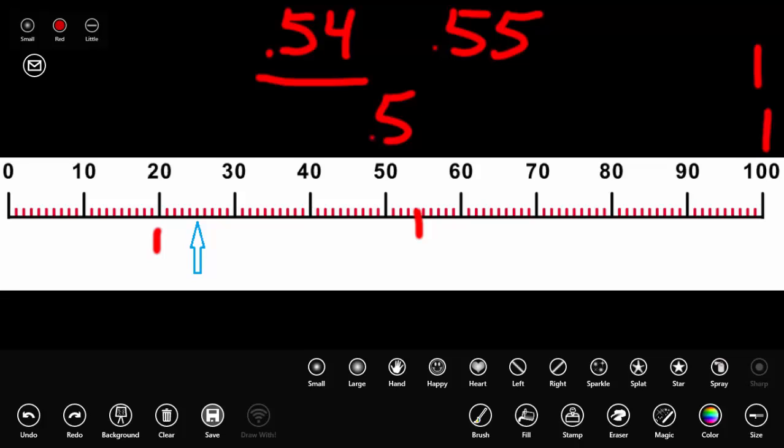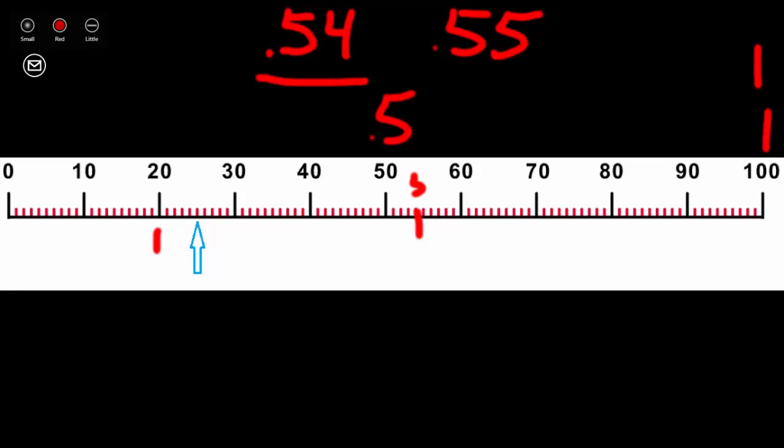That would be, if this was directly in the middle here, 5 pieces between 54 hundredths and 55 hundredths.